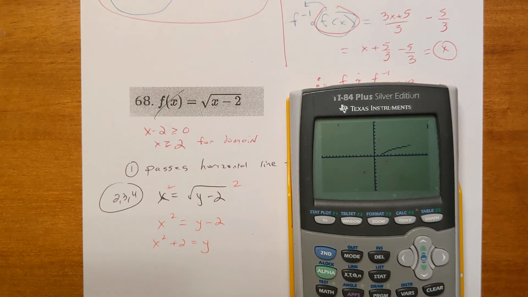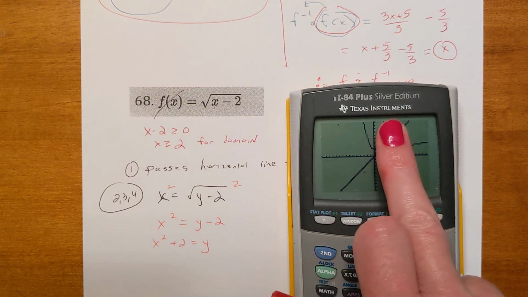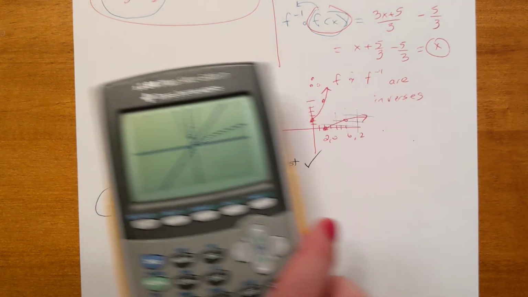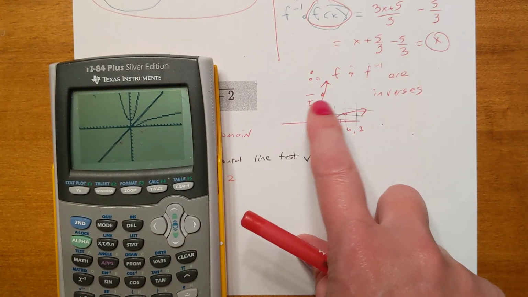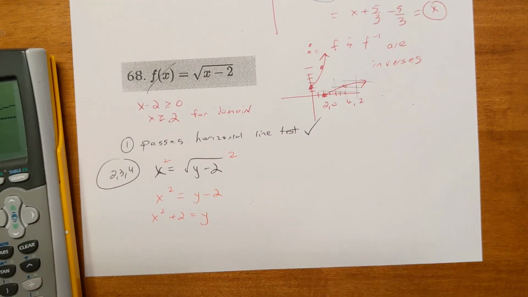And hopefully you can see what the issue is when we graph it. It gives you more than what you wanted. The inverse was just supposed to be the piece there on the right. We don't want the piece that's coming up there on the left. And the reason why that's true is because of the domain issue. We can only use numbers for x that are greater than or equal to 2.